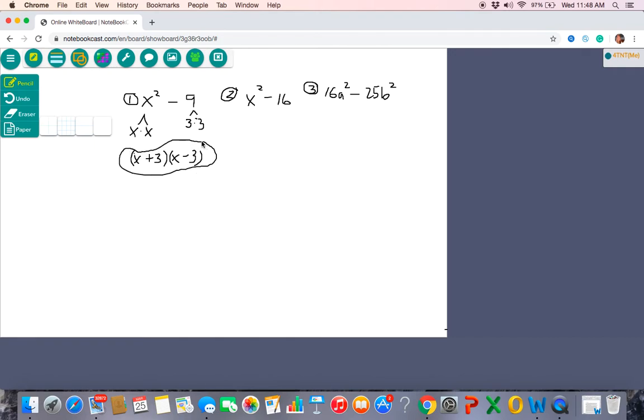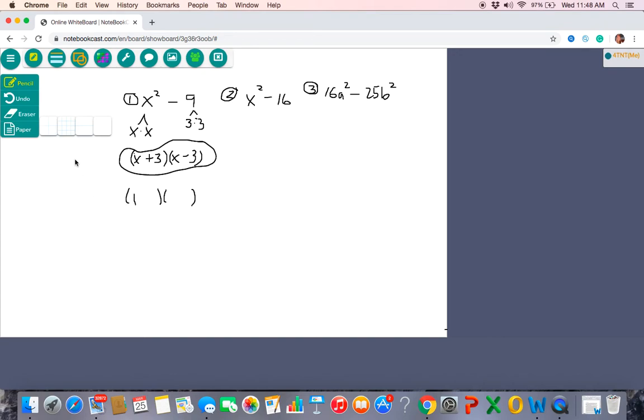Boom. Not too hard. If you want to double check it, and later when we work with bigger factoring of polynomials, it's really good to check it.